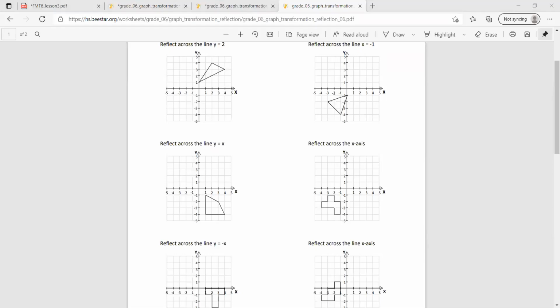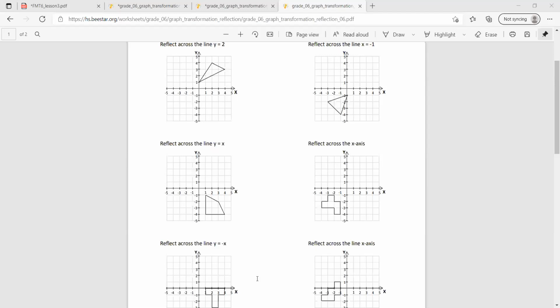Okay, 1 more minute. Okay, does everyone need more time?